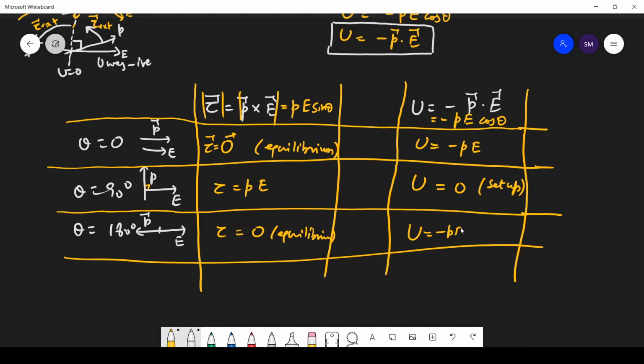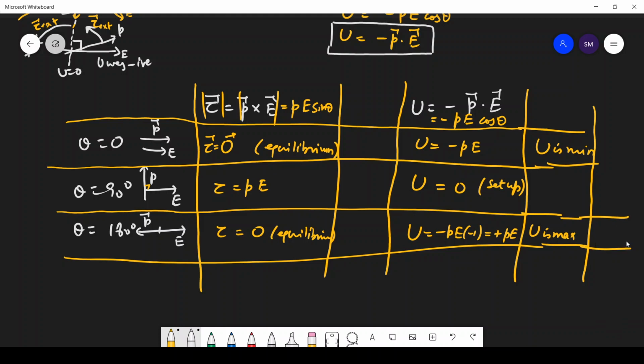So minus PE into minus 1 is equal to plus PE. So here plus is more and negative is less. So here U is minimum at this angle, and here U is maximum.